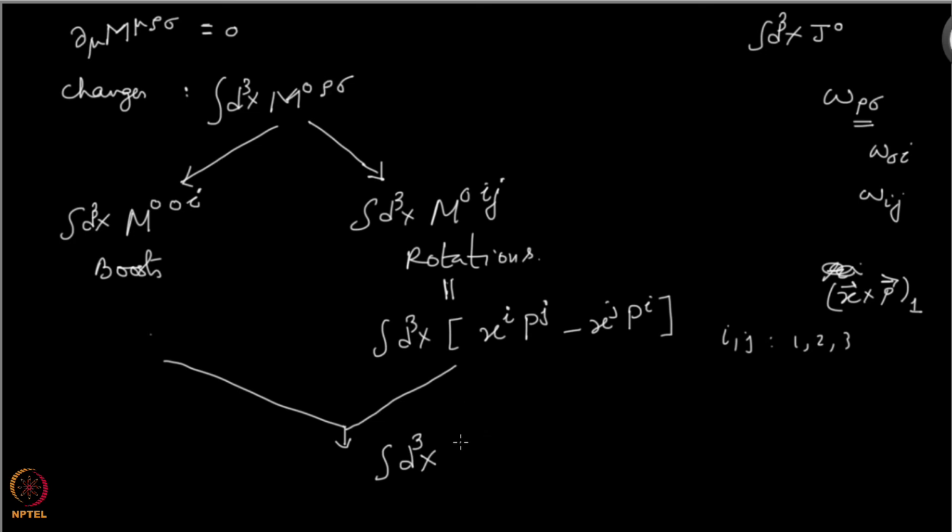I know this part and I want to make it nice under Lorentz transformations, so I just promote the indices from spatial indices to Lorentz indices. So I write x^rho p^sigma minus x^sigma p^rho. This is what I would expect based on Lorentz transformations.